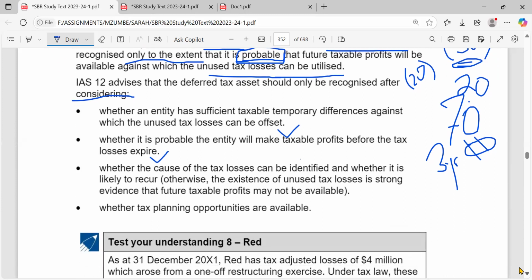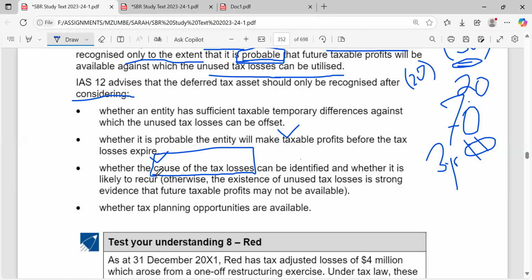But maybe you say, okay, don't worry, COVID-19 happened and hampered my business a lot, that's why I have tax losses. Since we have recovered, I'm certain that I'm going to recover all these tax losses and everything's going to be fine. But if it's just tax losses in the normal course of the business and nothing has changed, then how am I going to do that? It's very wrong to record the deferred tax asset because you lack grounds to do that.